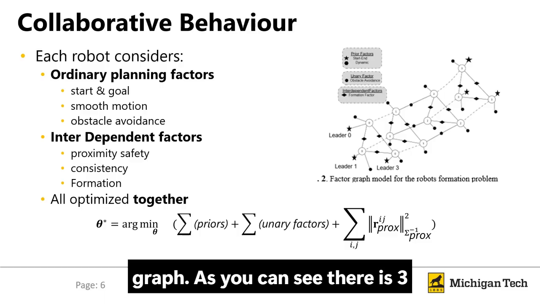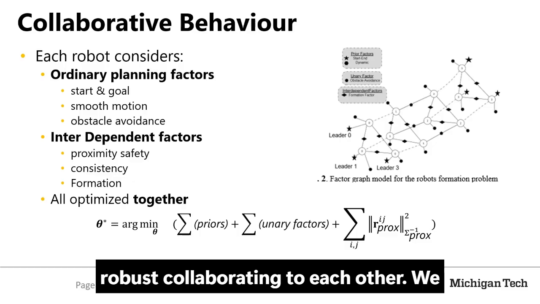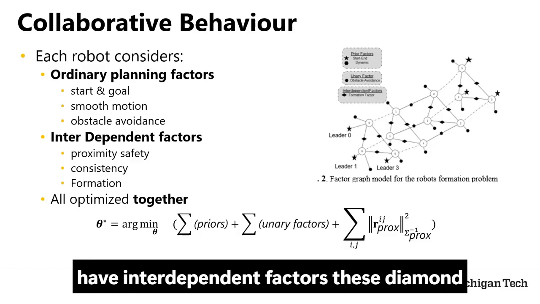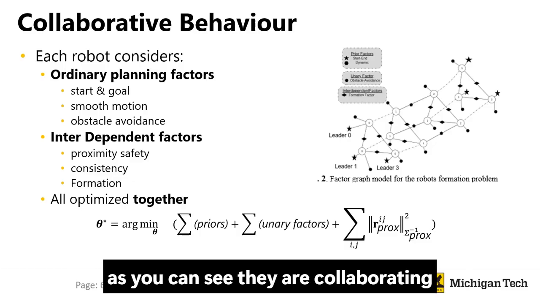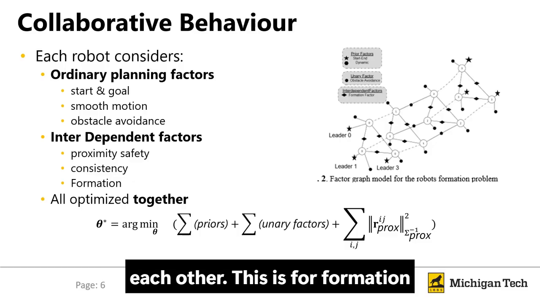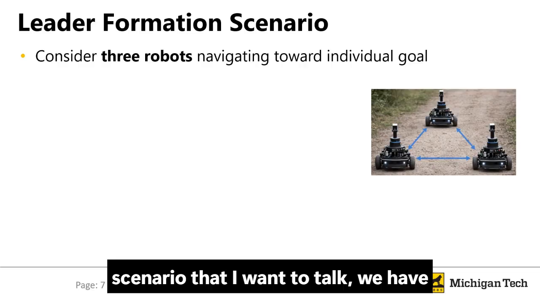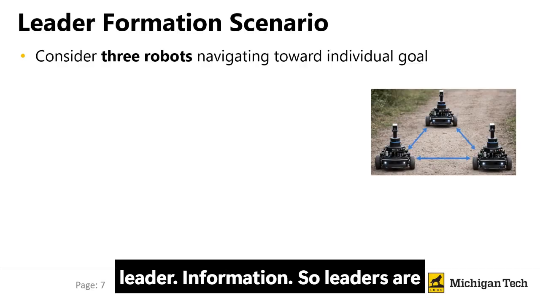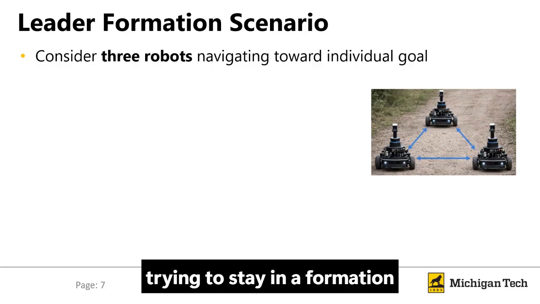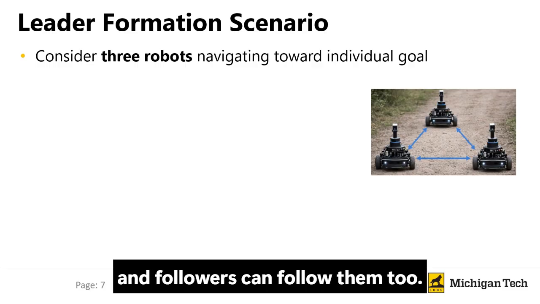And this is the factor graph. As you can see, there are three robots collaborating with each other. We have interdependent factors, these diamonds. As you can see, they are collaborating with each other. This is for the formation problem. The formation problem is the scenario that I want to talk about. We have leader formation, so leaders are trying to stay in a formation, and followers can follow them too.